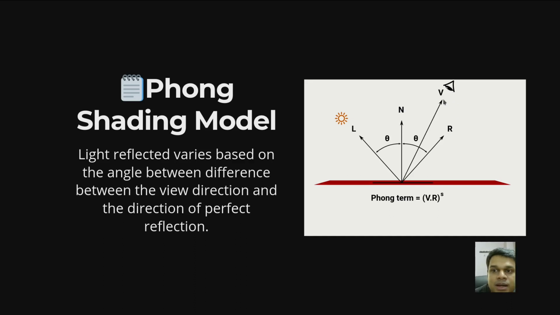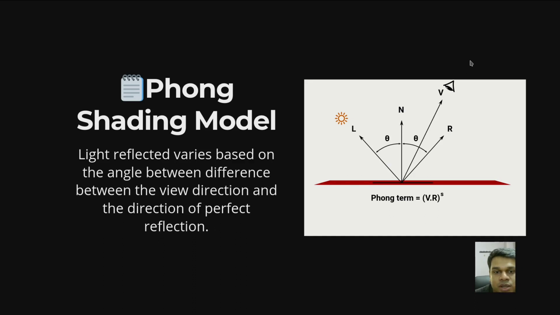Now, if you step a little away from R, the intensity of light shining back to you will reduce. That is what's meant by this dot product. If you are very far from R, it will be very diminished. So basically, the Phong shading model, I'm just reading it out here: light reflected varies based on the angle difference between the view direction and the direction of perfect reflection.